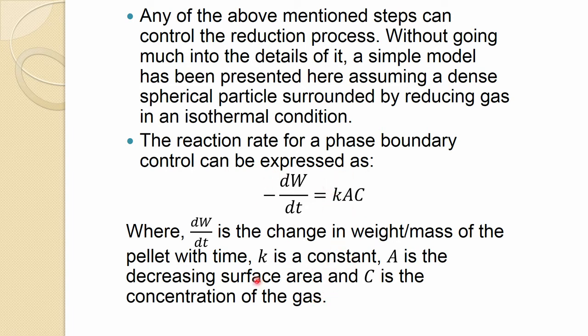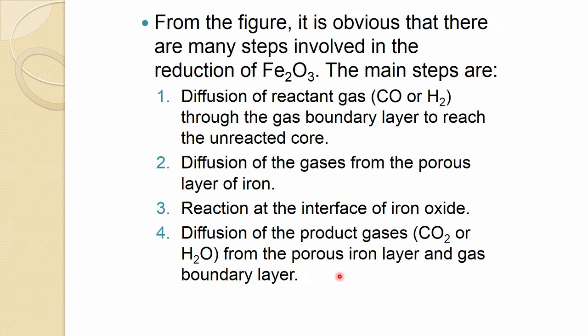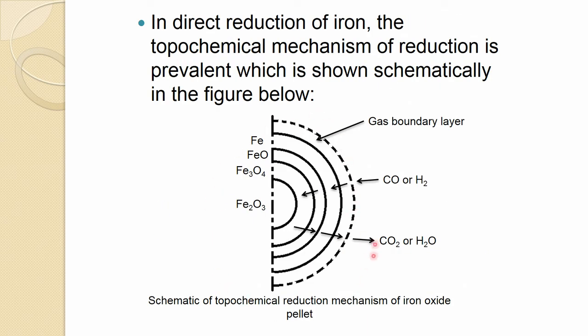When we say decreasing surface area, that reminds me, this topochemical reduction mechanism is also known as the shrinking core model. Though we are not assuming in that one that this pellet is shrinking, we are still assuming the pellet has the same size as it had before.